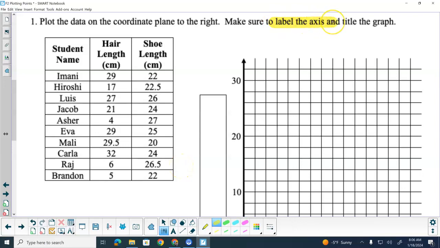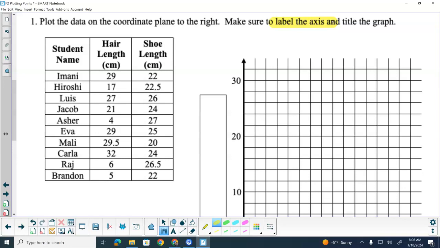label the axes, because that's going to determine which way, how far we're going with our points. Okay? You cannot get by in this unit, or when you're plotting data, I should say, without first identifying which axes, so vertical and horizontal, is what.